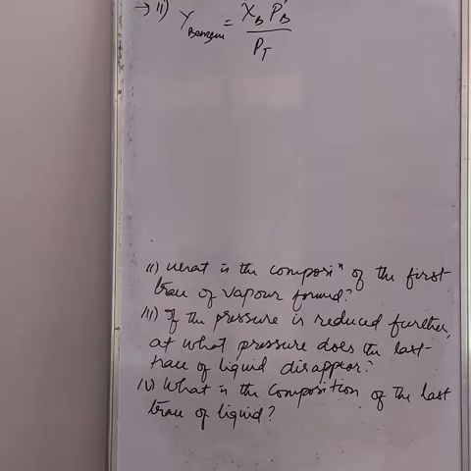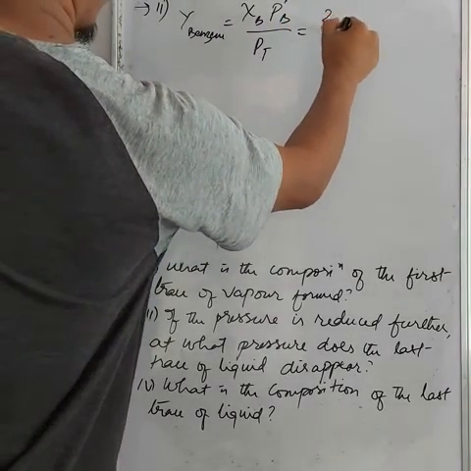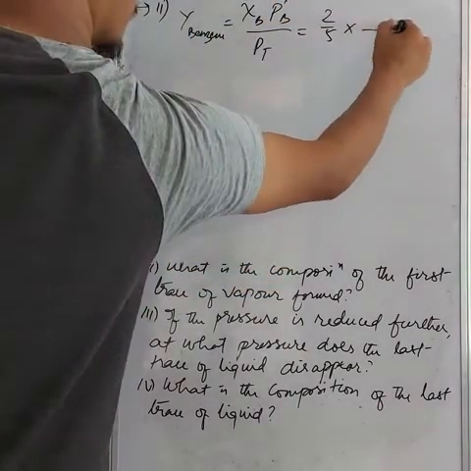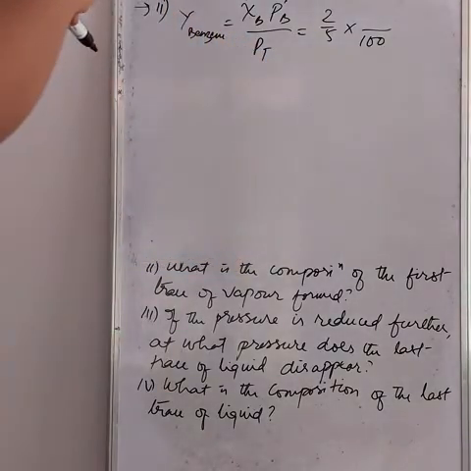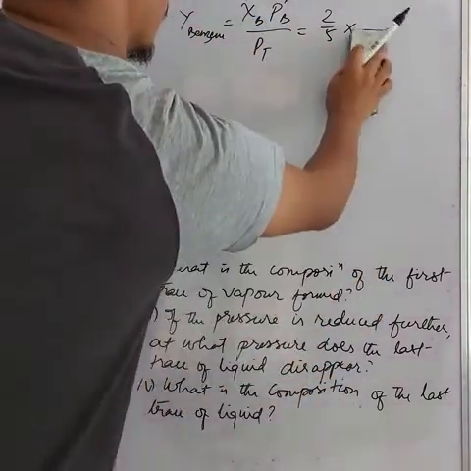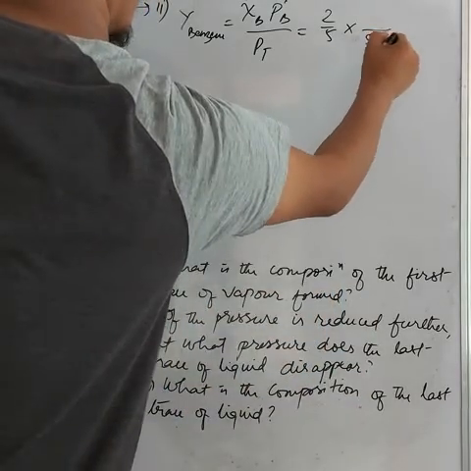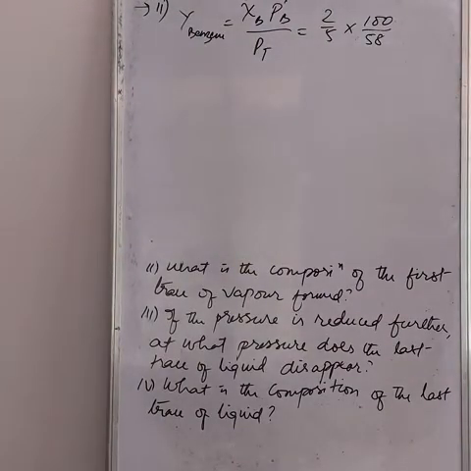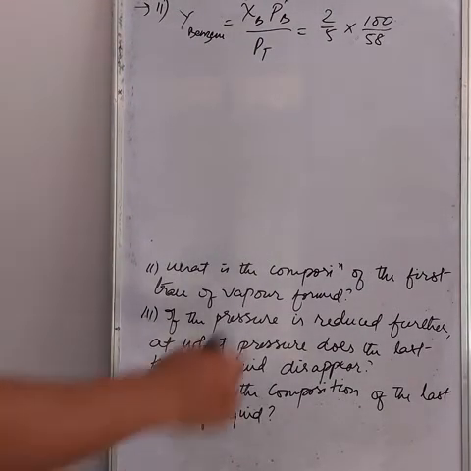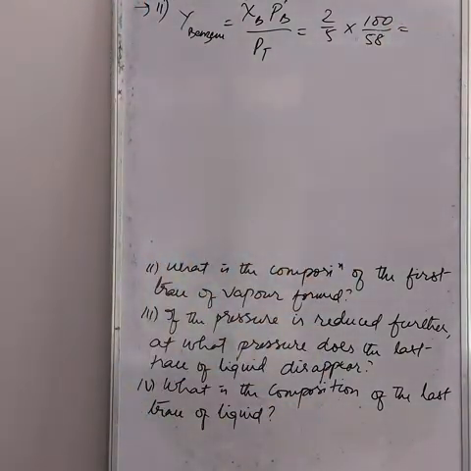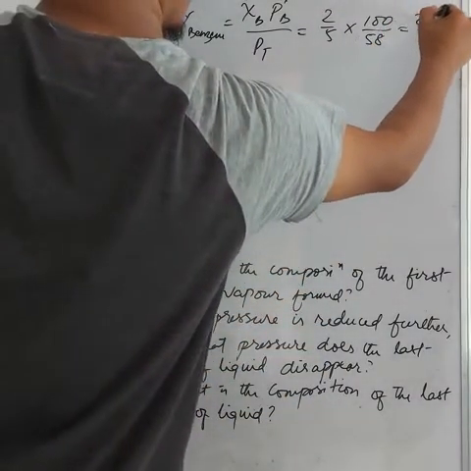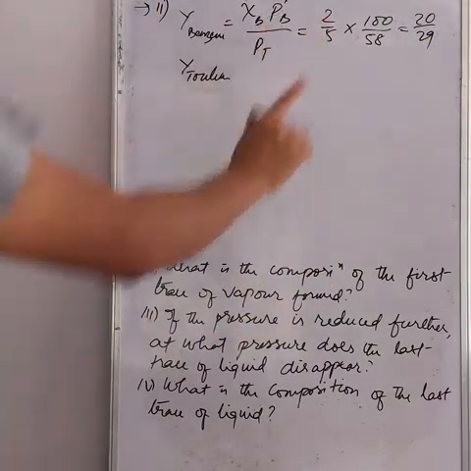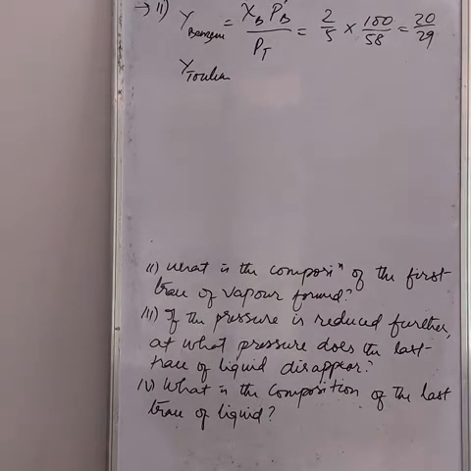So it's equal to 2 by 5, the mole fraction, into 100, over the total pressure. Sorry, we have calculated the total pressure to be 58 millimeters of mercury, and the standard vapor pressure of benzene is given as 100. So that gives us the value of 20 over 29. And similarly for Y toluene, you calculate by the same analogy. You get 9 over 29.